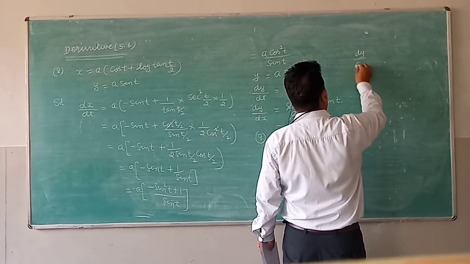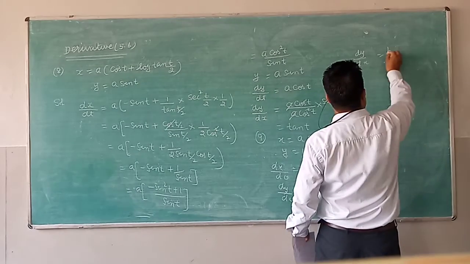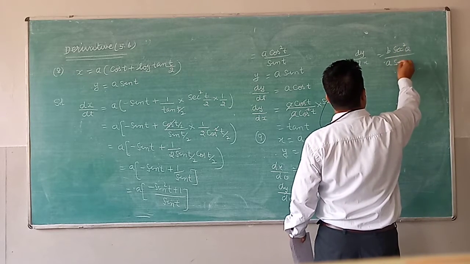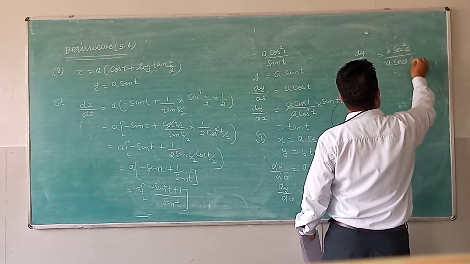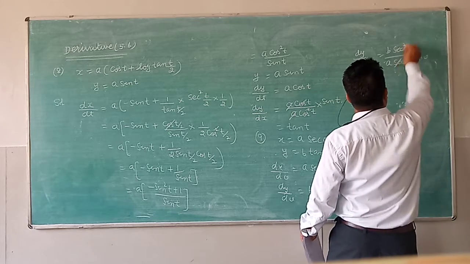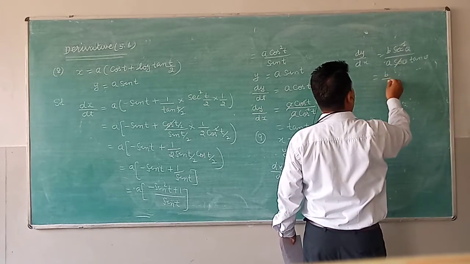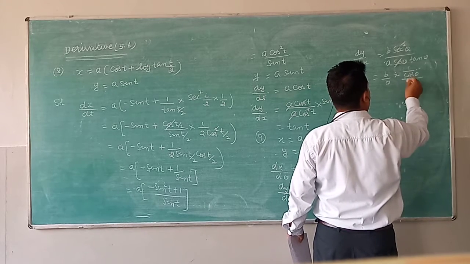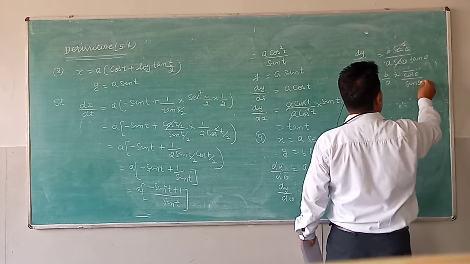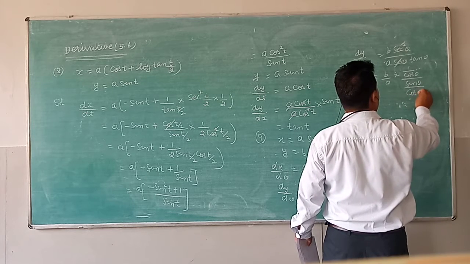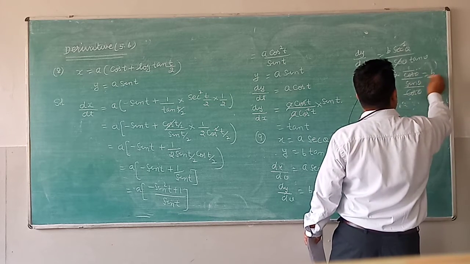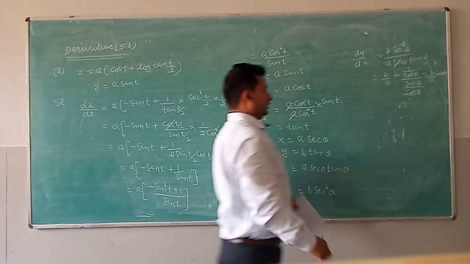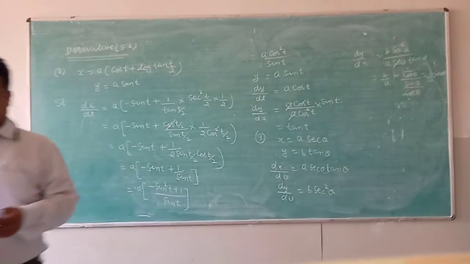So dy upon dx is dy upon d theta upon dx upon d theta. So one secant cancels out. This is b upon a, secant is 1 upon cos, and tan is sin by cos. So this cos cancels out. This is b upon a cosec theta. This is the derivative of this function.